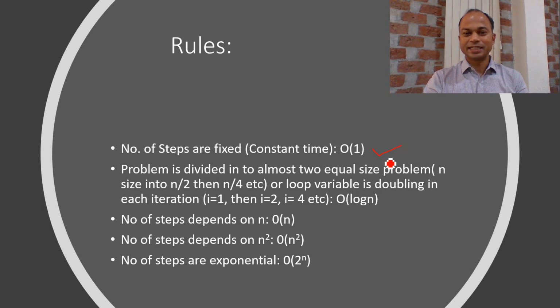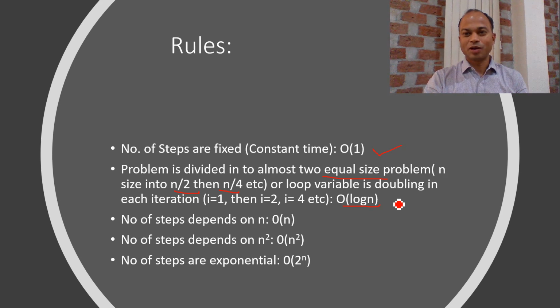The second rule is here. If we have an n size problem and the n size problem is divided into almost two equal parts, say n is divided into n by 2, then n by 4, etc., then in that case complexity is order of log n.